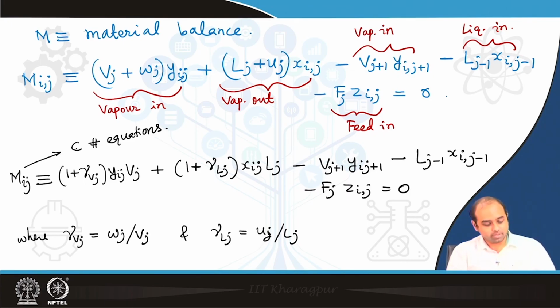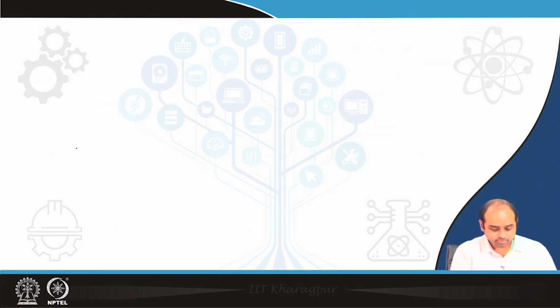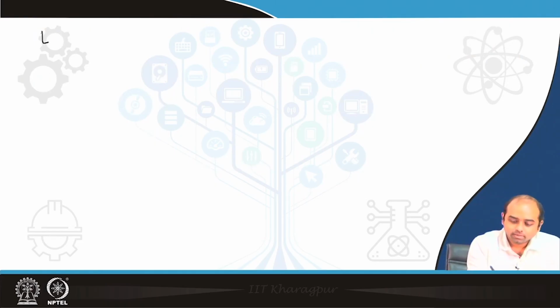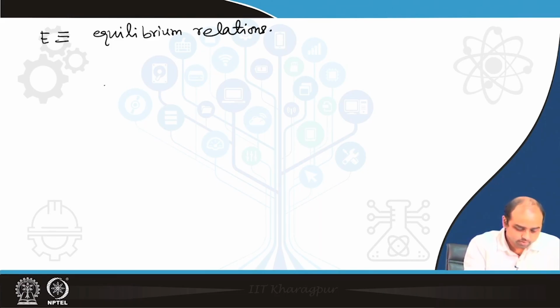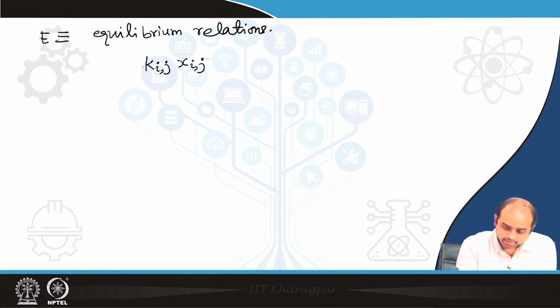Now let us look into the equilibrium relations. So E stands for the equilibrium relation. So I can write Kij Xij minus Yij is equal to 0.